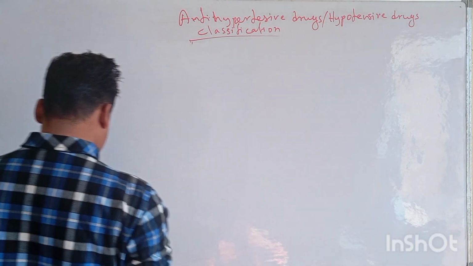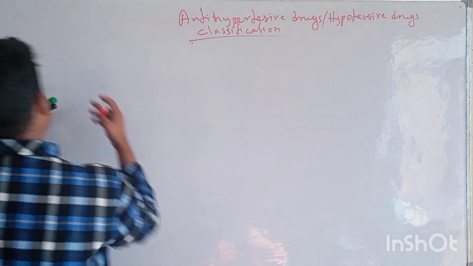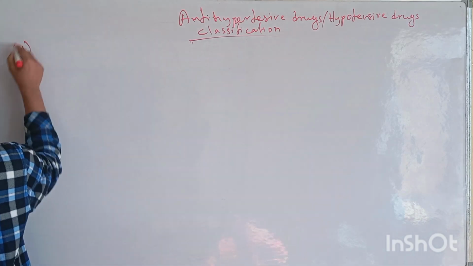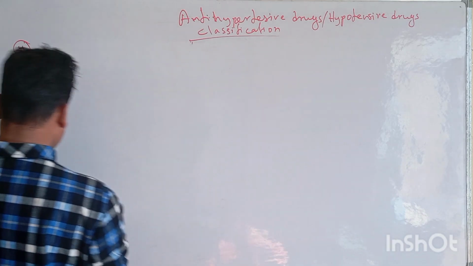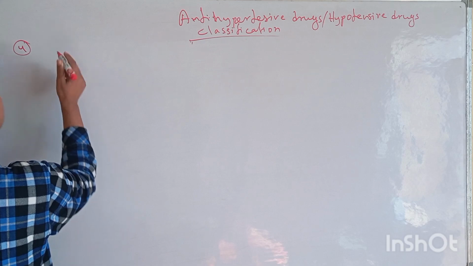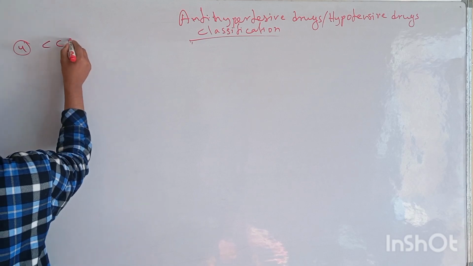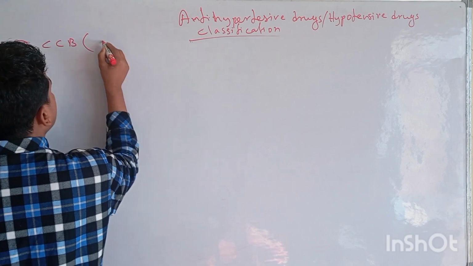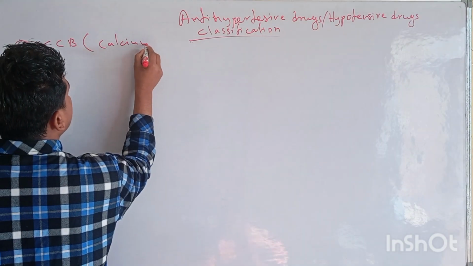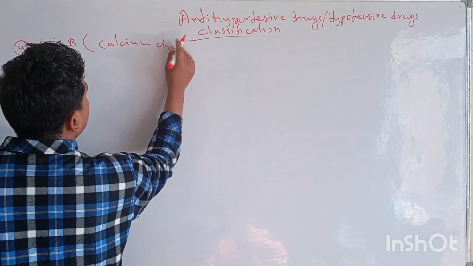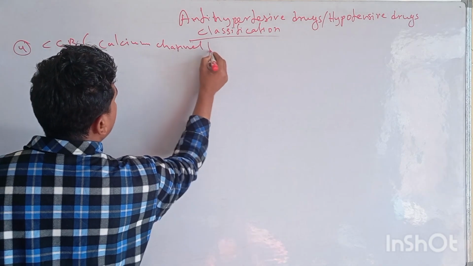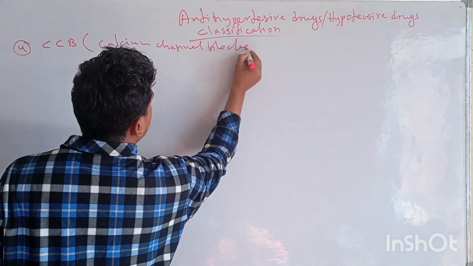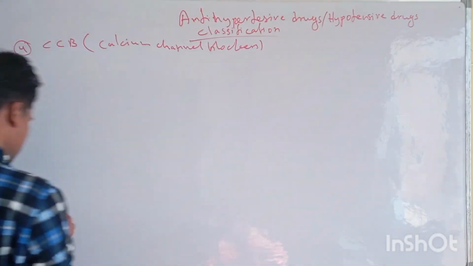Sympatholytics. Now type 4 will be, you must have heard CCB. What does it mean? Calcium channel blockers.